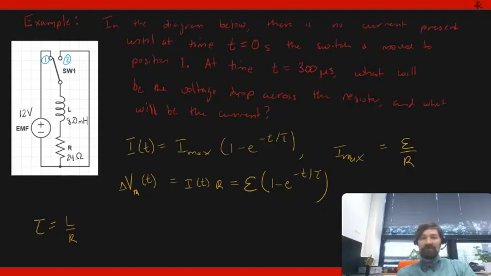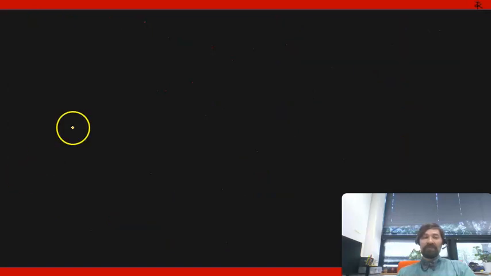Coming back over here, L is 8 millihenries, so 8.0 times 10 to the minus 3 henries. R is 24 ohms. That gives us about 3.3 repeating times 10 to the negative 4 seconds, or in other words, 333 microseconds.